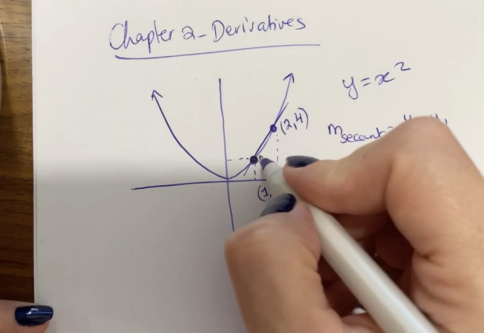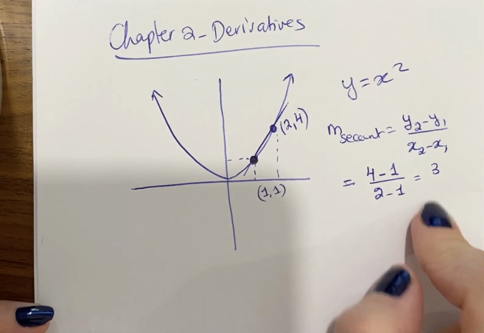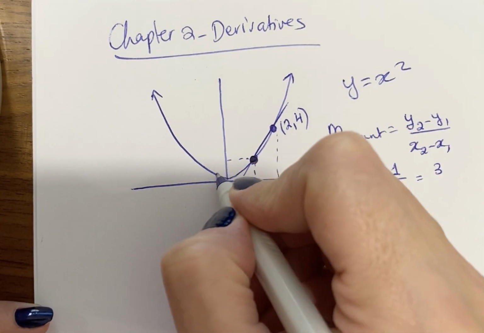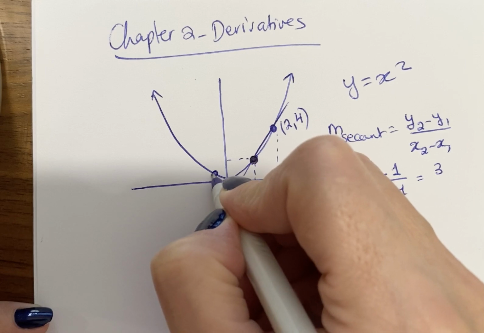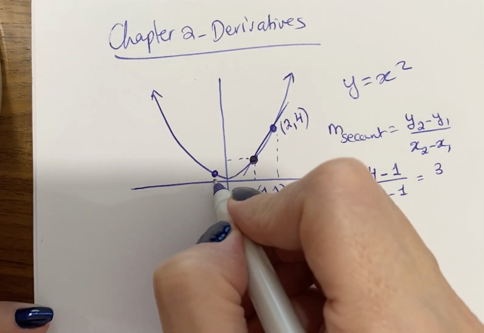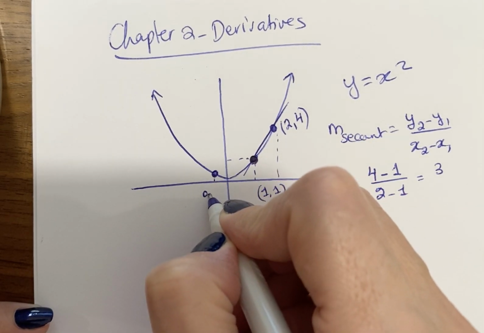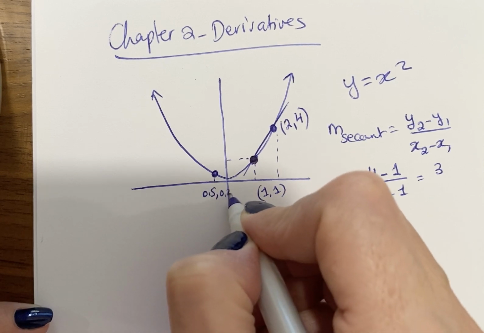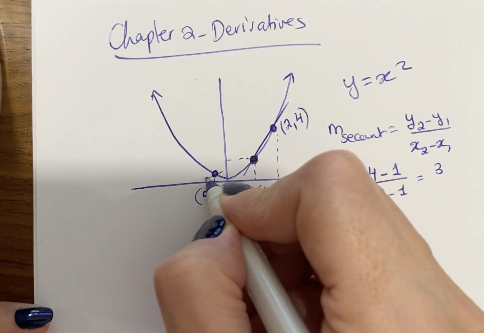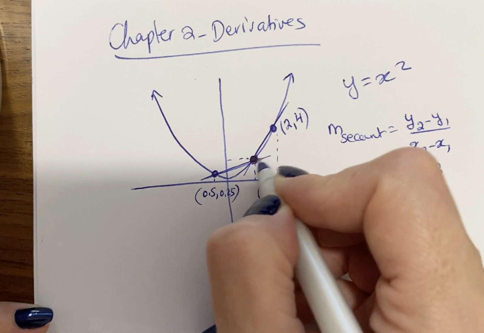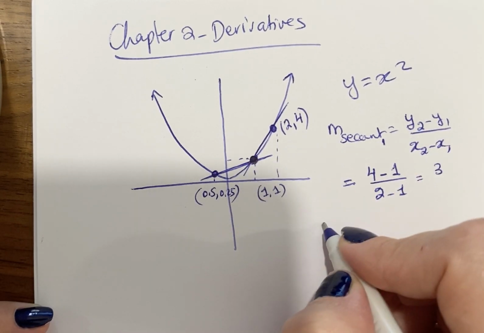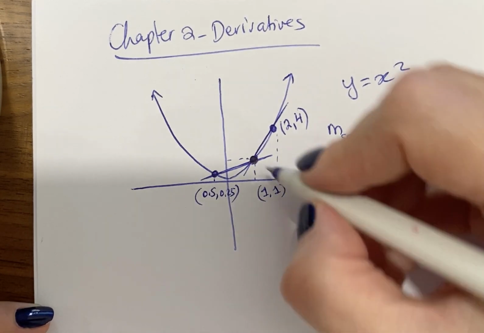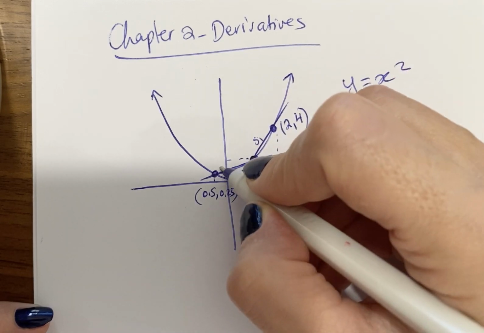Why? Because they said, you know what? This slope of the secant is not a unique number. Because if I take another point on the curve, for example (0.5, 0.25), and I join them, I get another secant. So this becomes secant number 1, and I now have secant number 2.